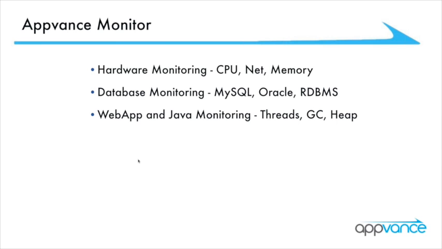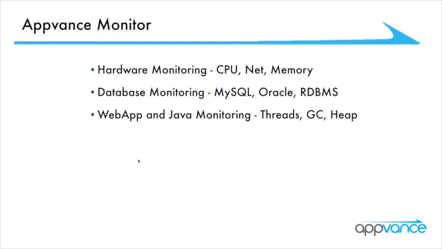The third category of Appvance's monitoring is around the web app and Java monitoring. This is a case where you would install the Appvance Monitor as a WAR file into your Java Enterprise app server, like Jetty, Glassfish, Tomcat, or JBoss.